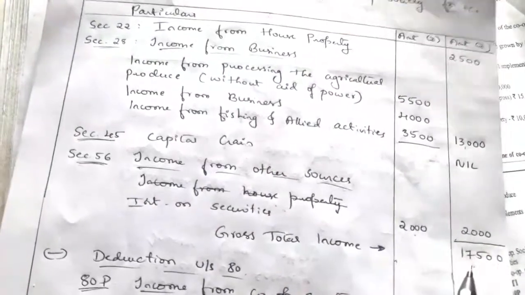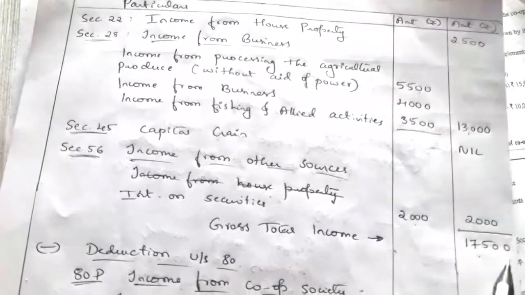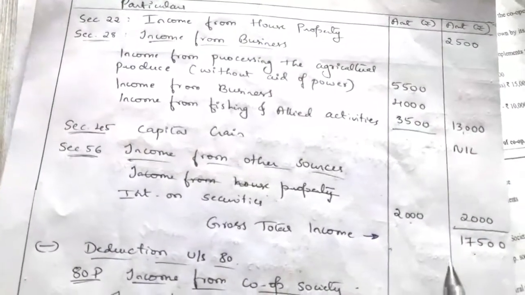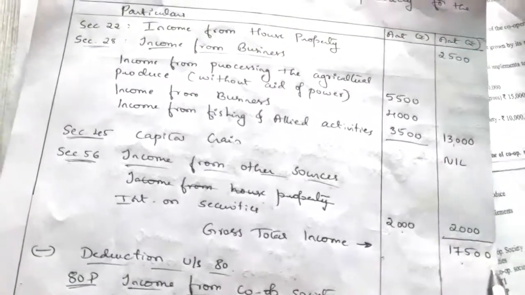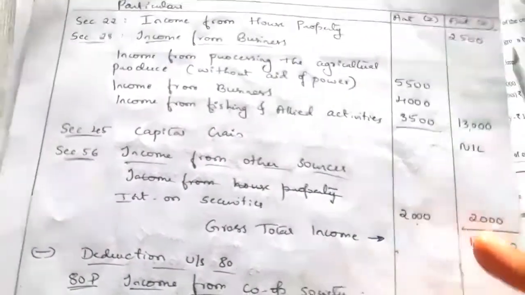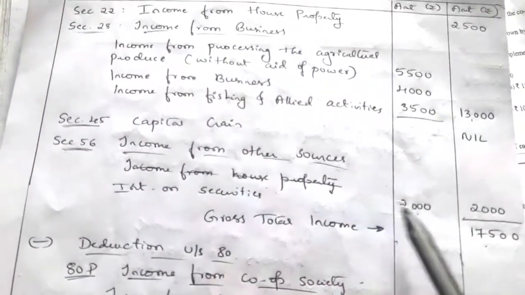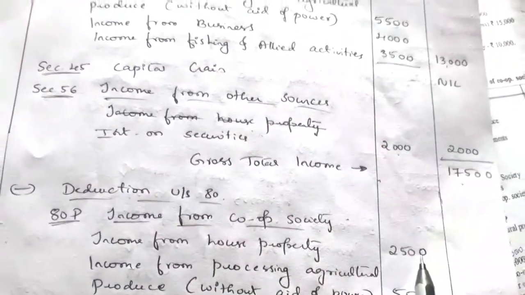Here in this question GTI is less than 20,000, that is, 17,500 is the GTI. So when GTI is less than 20,000, we can claim deduction for house property income 2,500 and interest on securities 2,000 under 80P. So the first one is income from house property, rupees 2,500.